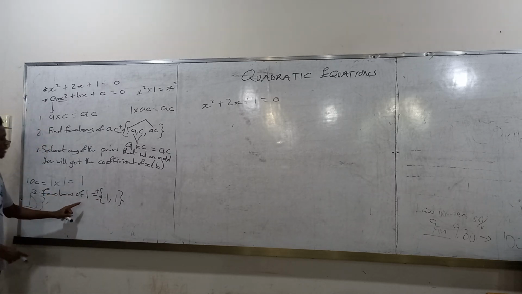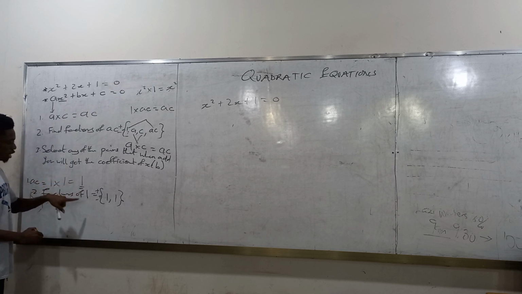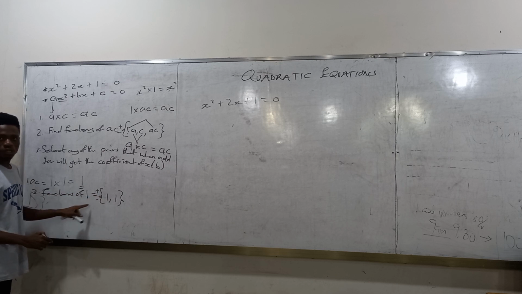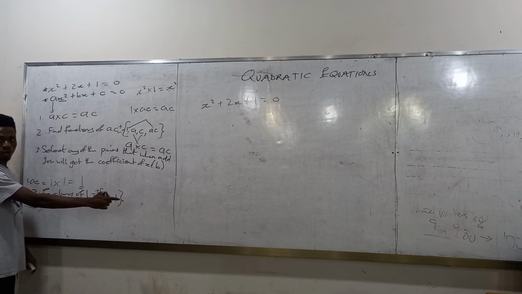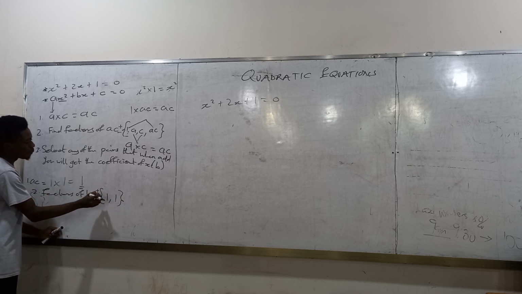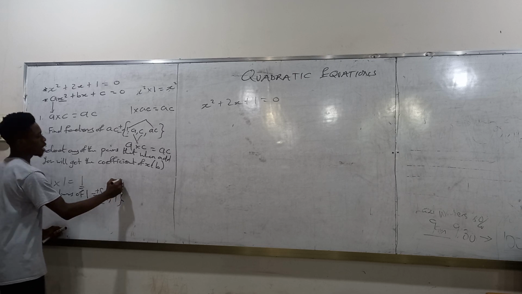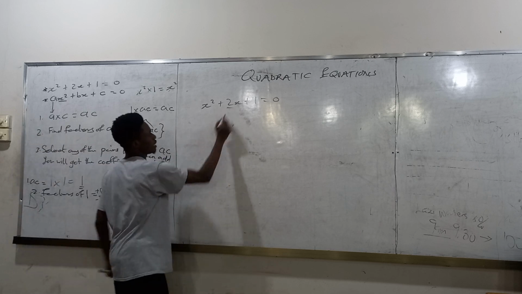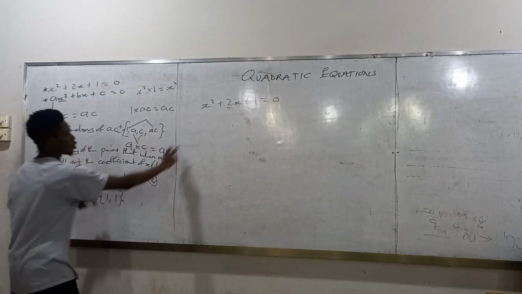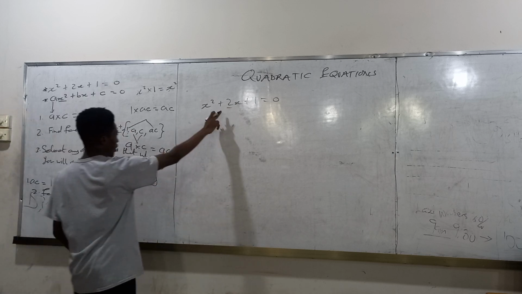And I told you that since the number is positive, if you are doing it positively, you should do it positively throughout, and if negatively, negative throughout. So since we are taking 1, and there is only one pair here, we add 1 and 1 to get 2. And this 2 is already here. That's the b, the coefficient of x.